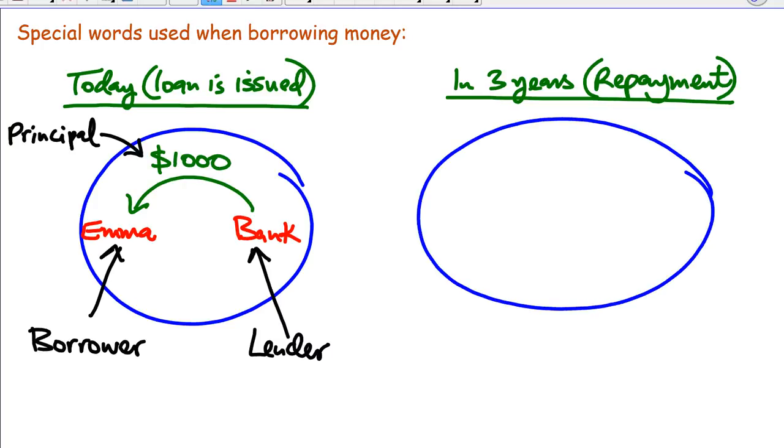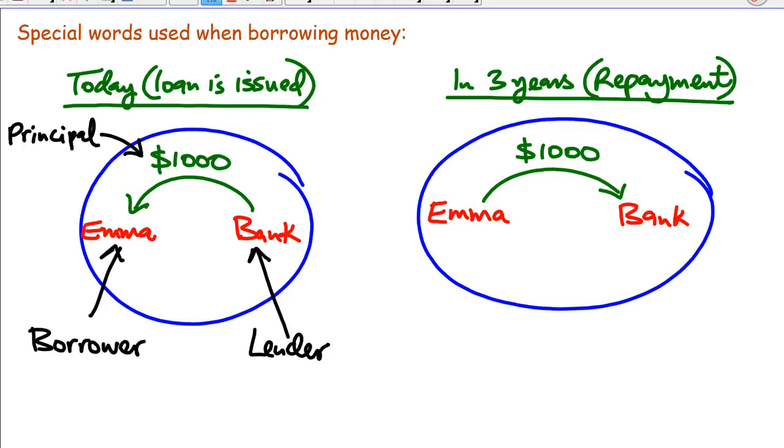During the repayment, we have Emma, we have the bank. What's happening is Emma is giving the bank back the $1,000, but remember there's an interest. So in addition to that, she's going to give the bank an interest. So there's an interest as well.